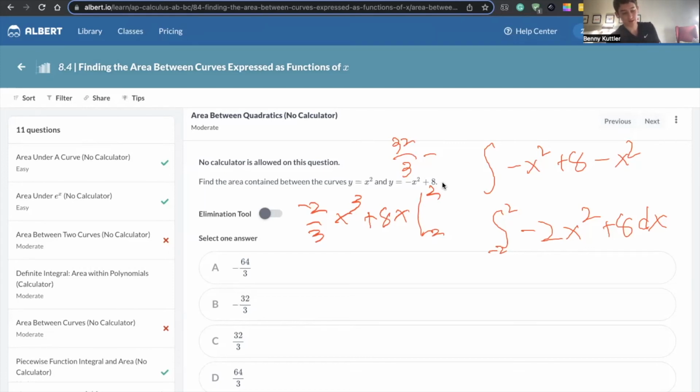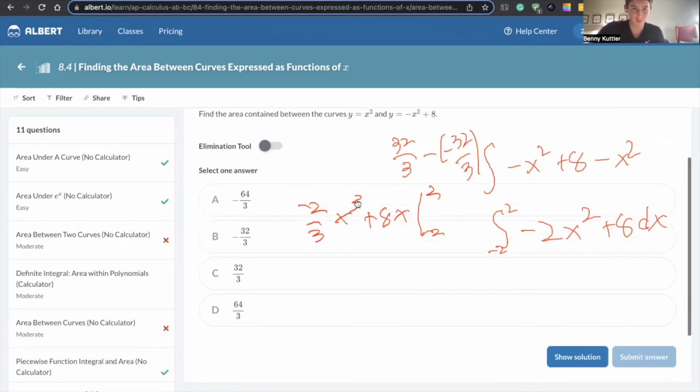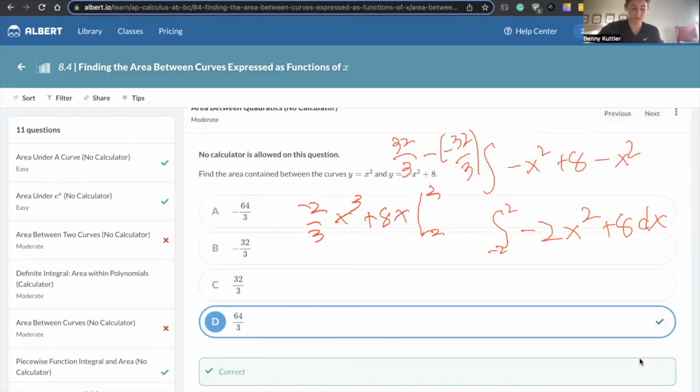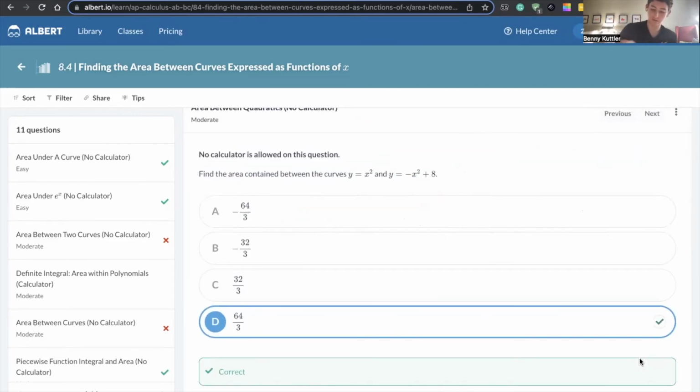Then we do negative 2x cubed, which is negative 8 times negative 2, 16 over 3 plus 16 over 3 minus 16. So that's going to be negative 32 over 3. So then we're just adding that. It's 2 times 32 over 3, 64 over 3. And it's positive. Okay. So that's how you find the area between curves.